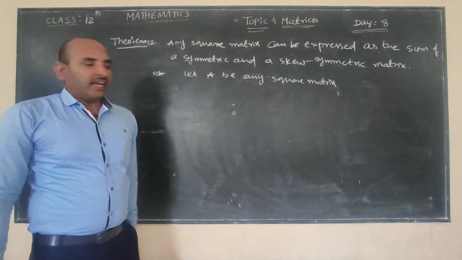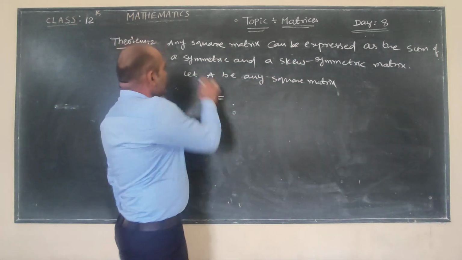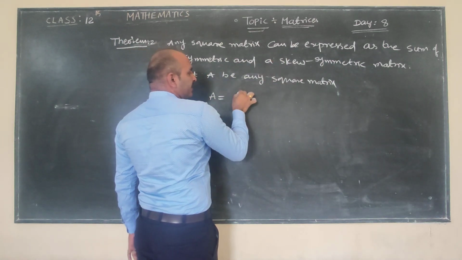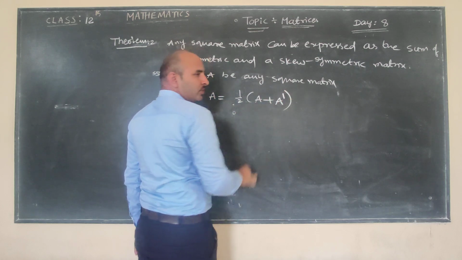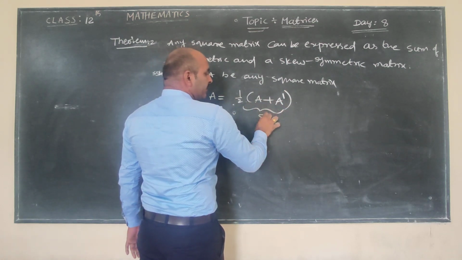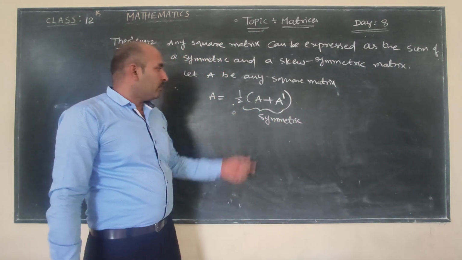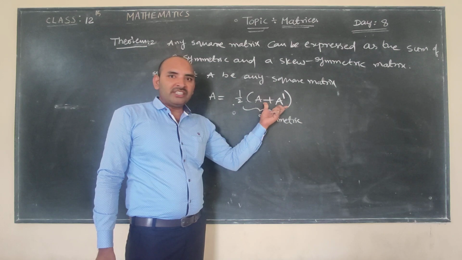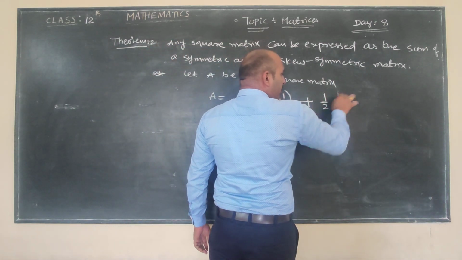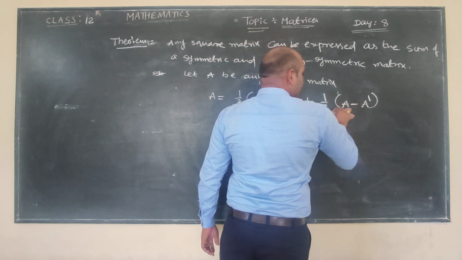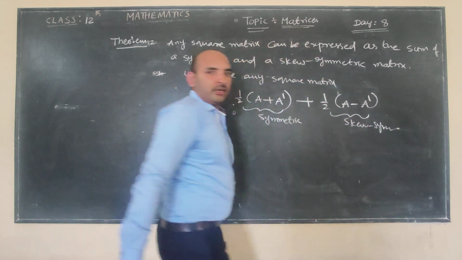This can be expressed as capital A is equal to the sum of a symmetric and a skew symmetric matrix. So let us write half into A plus A transpose. This is symmetric because in theorem number 1 we showed A plus A transpose is a symmetric matrix, plus half into A minus A transpose, which is the skew symmetric matrix.